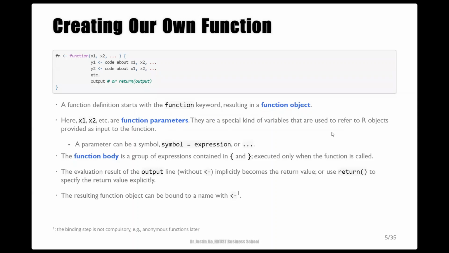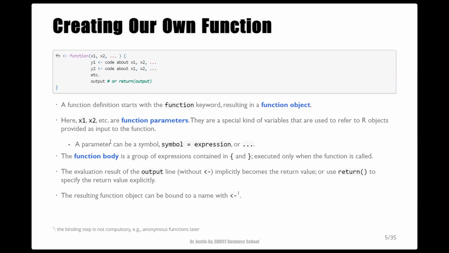In R, we use the keyword function to introduce a function definition. The function keyword is immediately followed by a pair of parentheses, which encloses a list of parameters. Function parameters are a special kind of variables. They are used to refer to R objects provided as input to the function every time we run it.